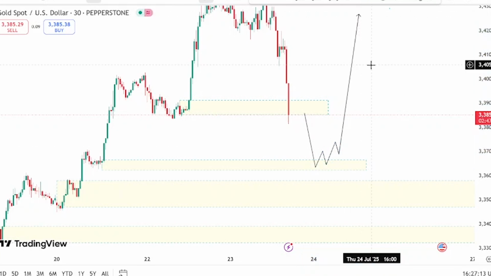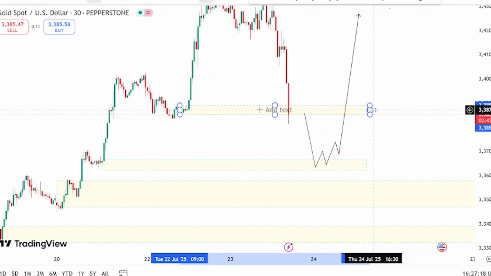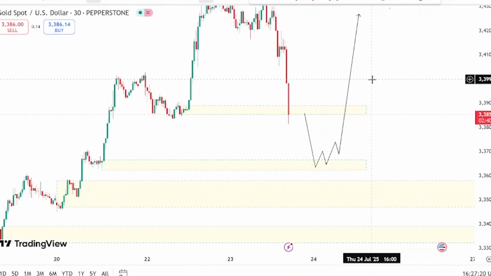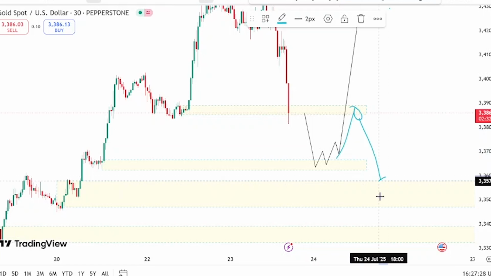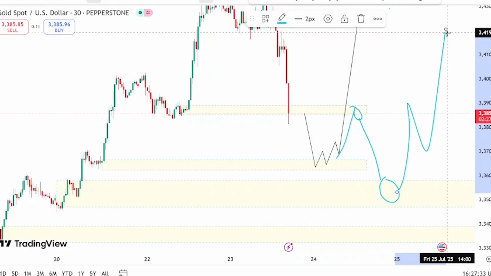But you have to be careful by targeting some or securing from this area, because we can expect also the market can move up from this area, then we reject from there, we sell to this area where we can take a stronger buy, and then we expect an uptrend continuation.